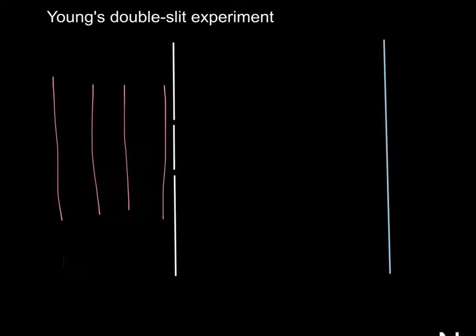Once it gets here, each one of these little slits, which we're going to assume to be infinitely small, is going to start emitting wavefronts like this.